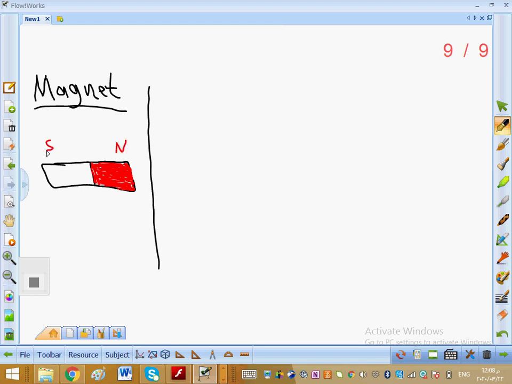We said like poles, north with north, repel. If we have like poles, N N or S S, they repel. If we have opposite poles, N S or S N, they attract.